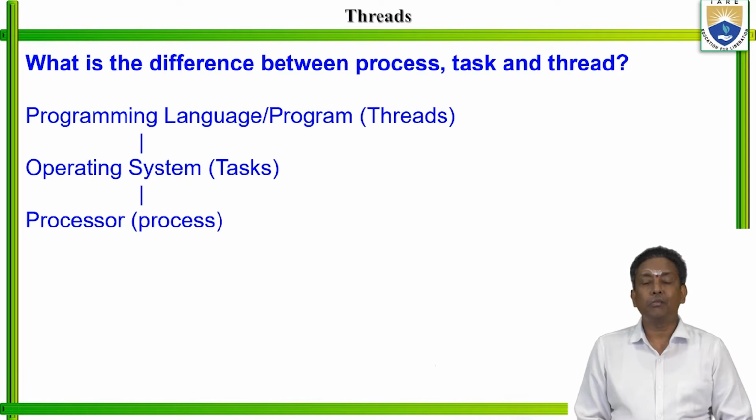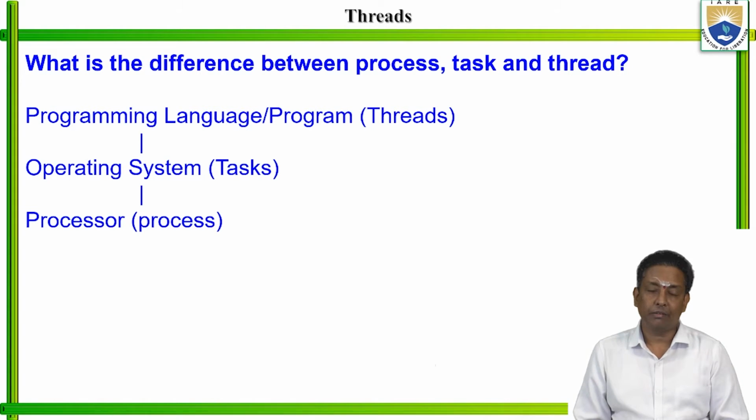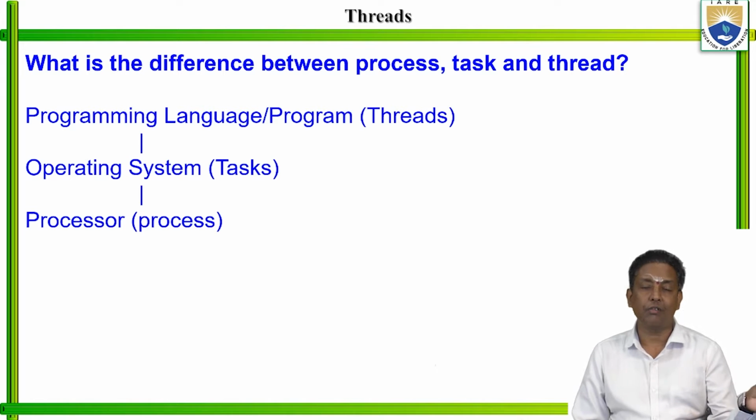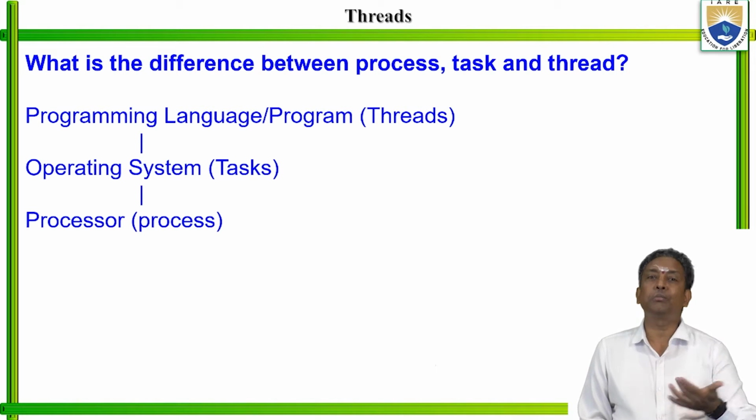The three runtime environments are, first, our programs, like our Java programs, running on the command prompt: java, space, our class name. Our programs always run on the command prompt. On the command prompt, the Java virtual machine starts.